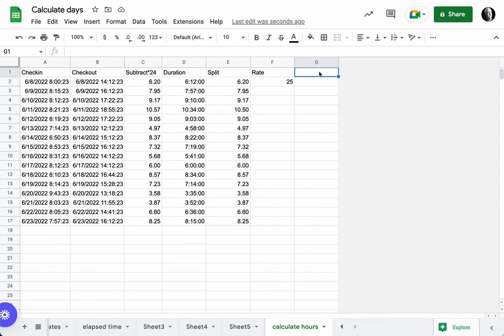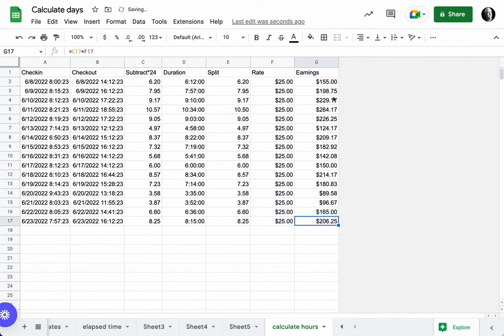So this would be earnings, and this would be equal to this one times this. And if we change that to the currency, then we should be able to highlight these and drag them down.